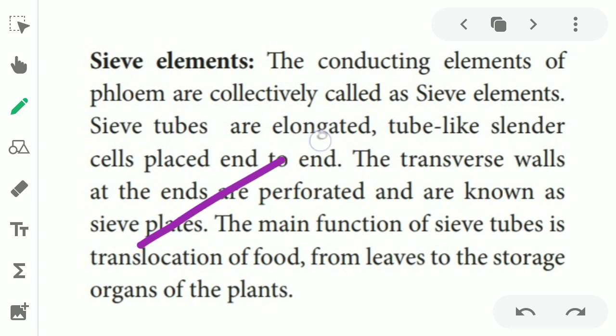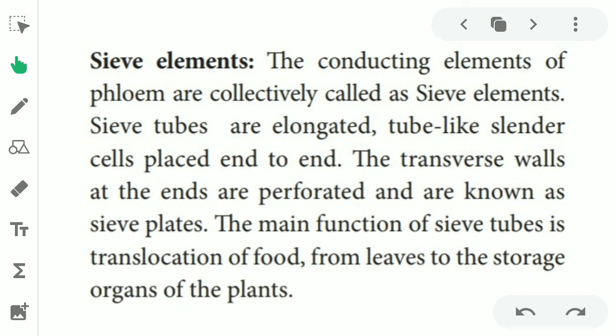The transverse walls at the end are perforated, meaning pores and holes are present, and are known as sieve plates. The main function of sieve tubes is translocation of food.